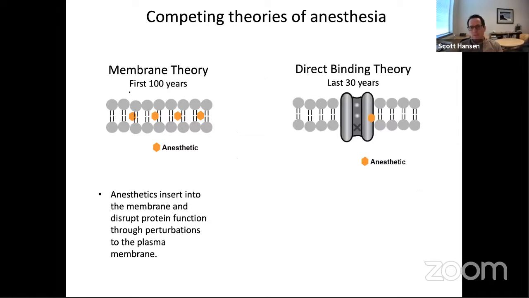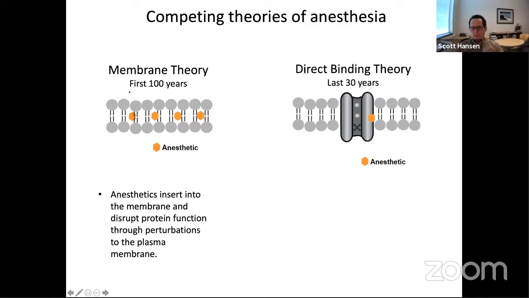So about 30 years ago, Nick Franks in the UK and others began to propose this direct binding theory, where an anesthetic would accumulate in the membrane, but then its effect was to directly bind to a channel and then gate that channel, either block a sodium channel or activate a chloride or potassium channel.